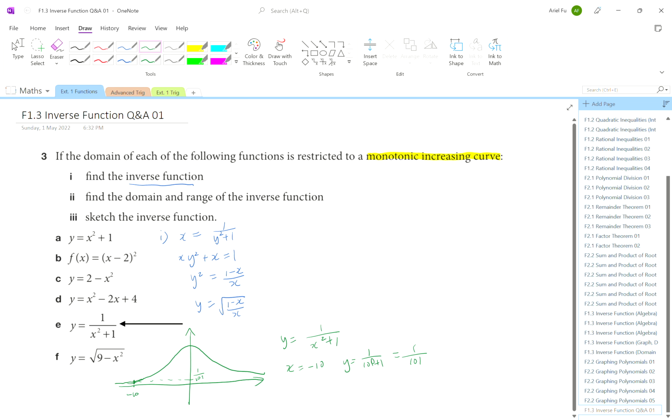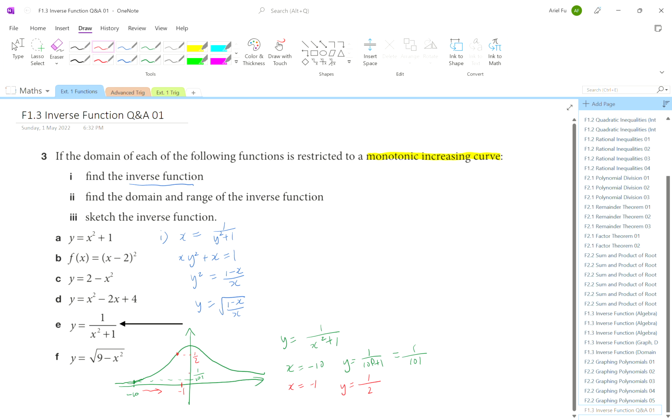As we move progressively to the right-hand side, the more positive side, I'm getting to this point now, where x equals -1. Well, when x equals -1, y equals 1 over 1 squared plus 1, which is 2. So this corresponding value here would be about 2. This is not very accurate, but you get the gist.